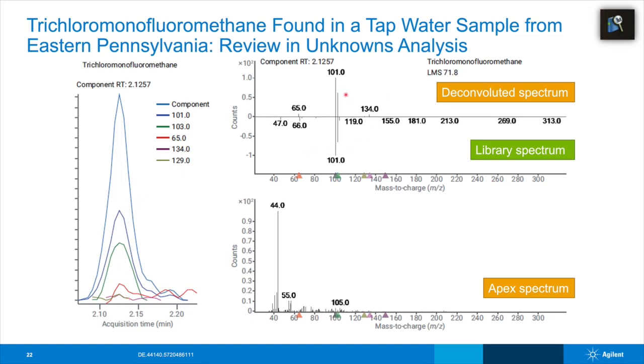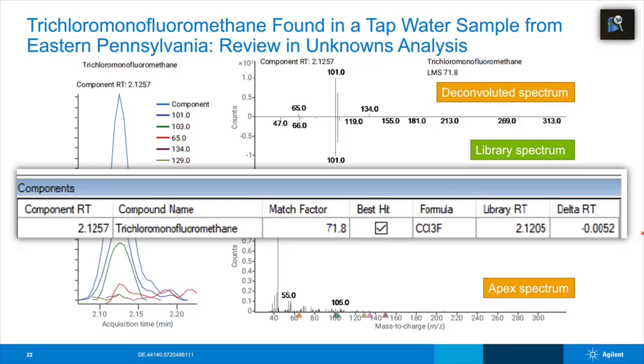If we look at the deconvoluted spectrum, we had a library match score of 71.8, and here's the apex spectrum where we had some interference on top of this, but the retention time matched very closely, and the spectrum's a pretty decent match for being at such a low level.